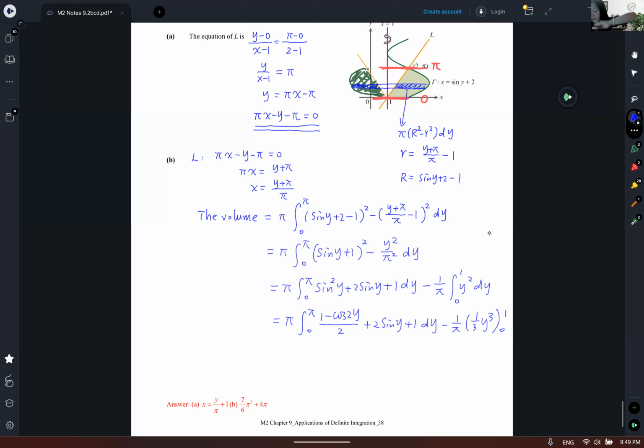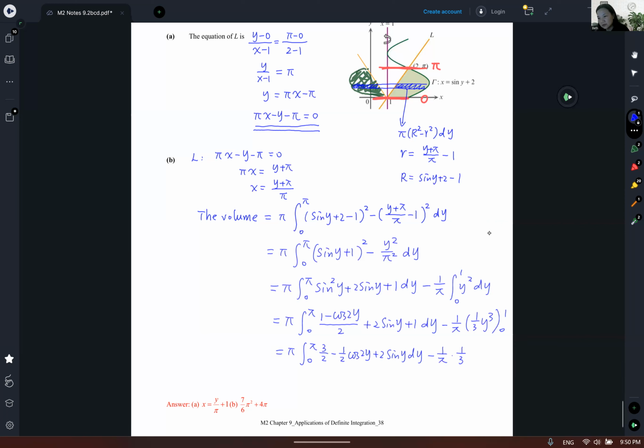I think so. Simplify again. 3/2 minus 1/2 cosine 2y plus 2 sine y dy minus 1/π times 1/3.